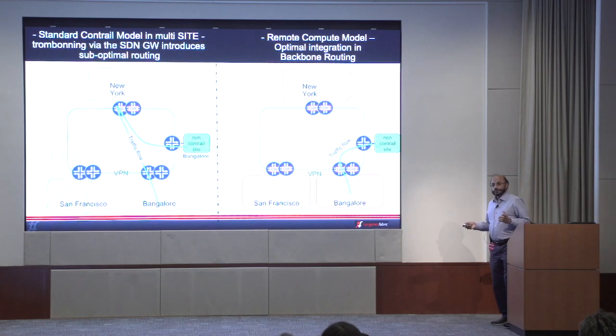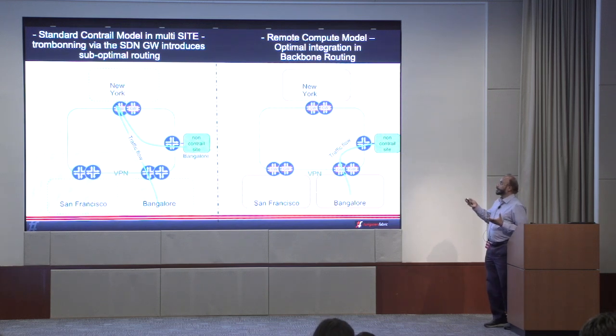So what it gives you is this: in a standard deployment, if you have workloads managed by Contrail, and then a non-Contrail site trying to talk to the local site, you could potentially trombone the traffic.